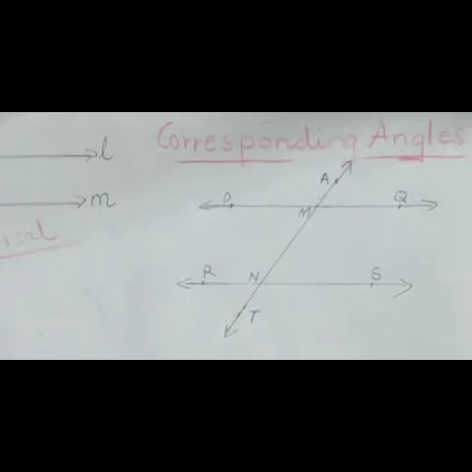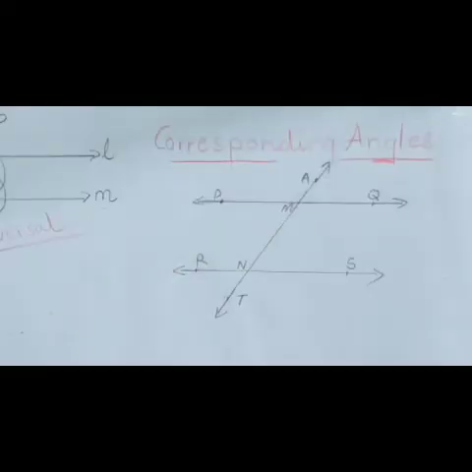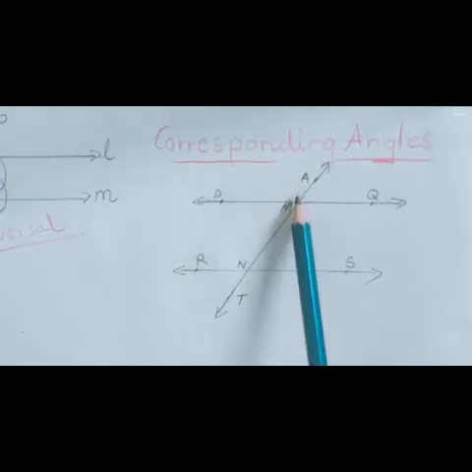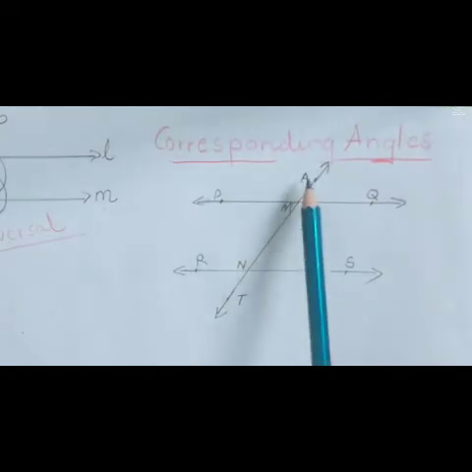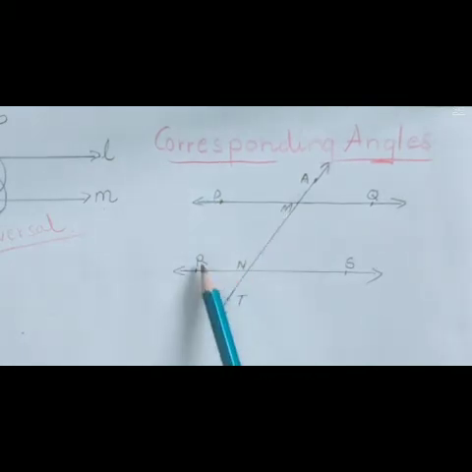And now we will see on the final figure, the main figure, corresponding angles. On this, with the help of the labels, you can see the angle name in this way. Yes, full angle. So now here you can see angle AMP and PMN. You can see that the exterior angle.